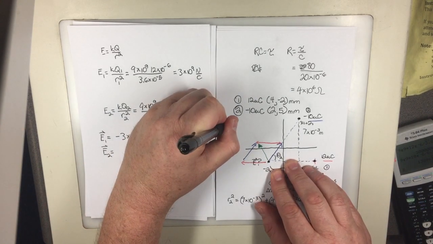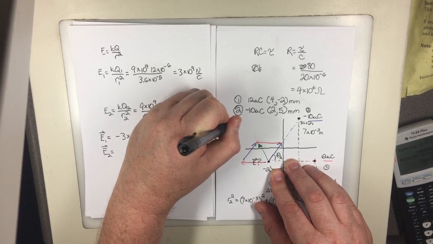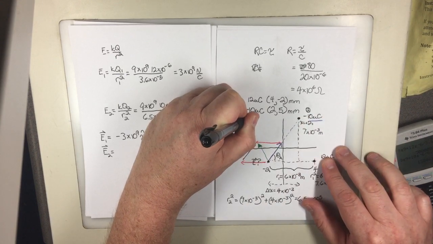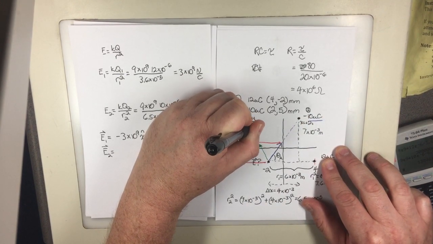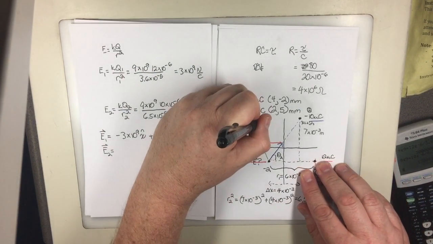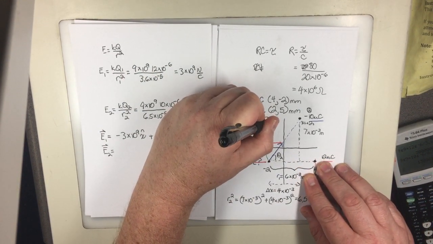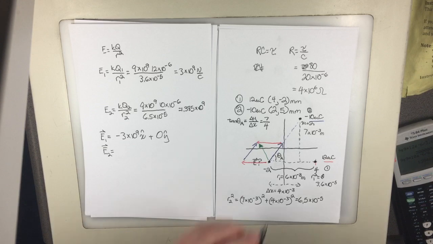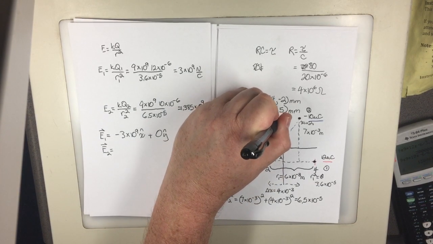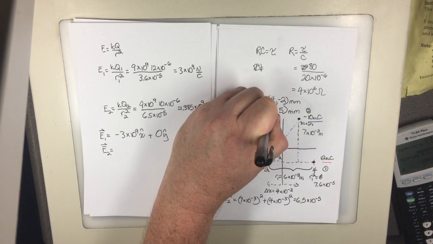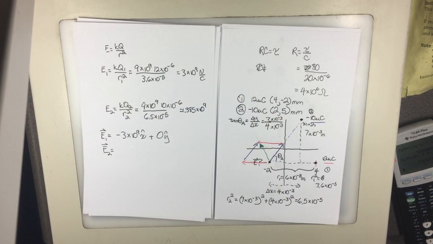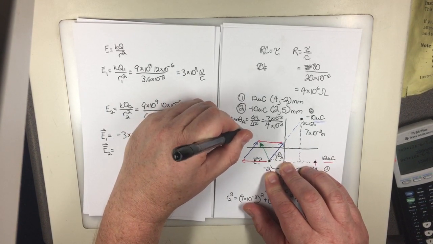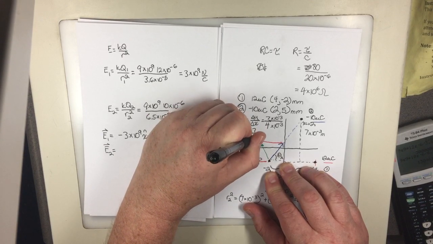So tan of that theta A is the delta y over that delta x, which is equal to 7 divided by 4. At this point, technically I should put 10 to the negative 3 and 10 to the negative 3, but they cancel, so it doesn't matter. Theta A is inverse tan of 7/4.